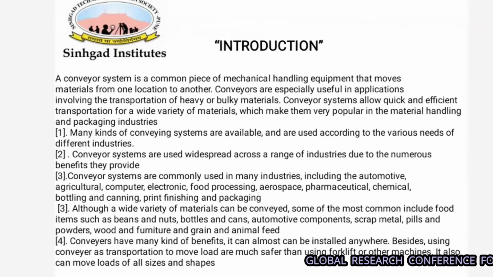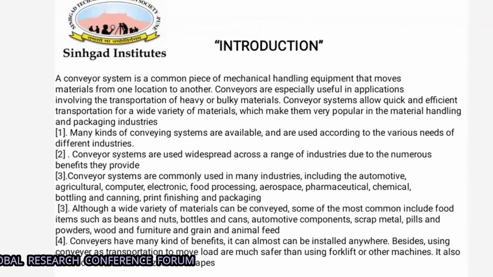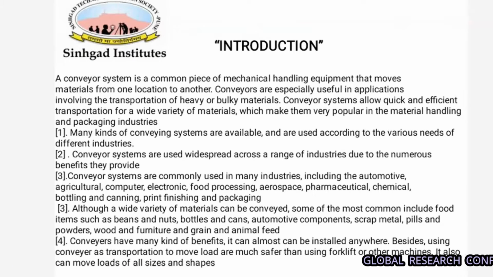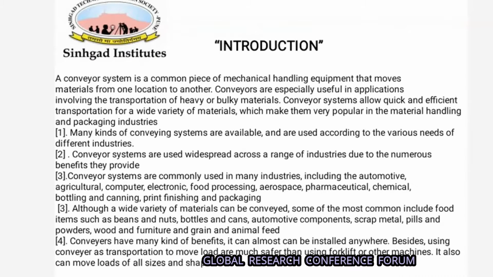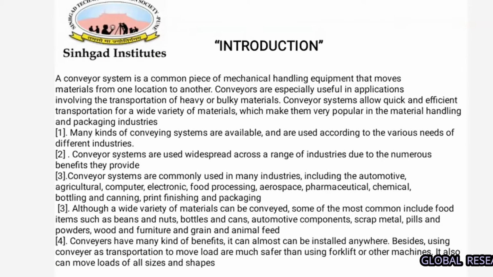Sir, we see a lot of conveyor belts in factories, which make the operation of transportation of materials easy. It is also very popular in material handling and in packaging industries.